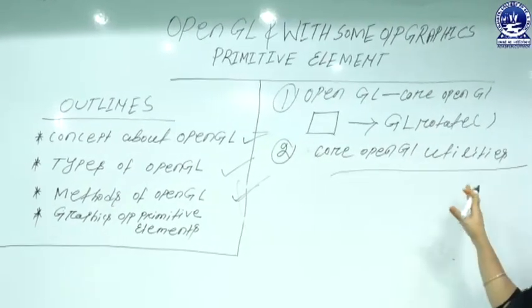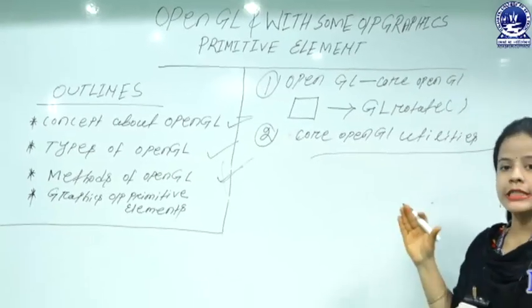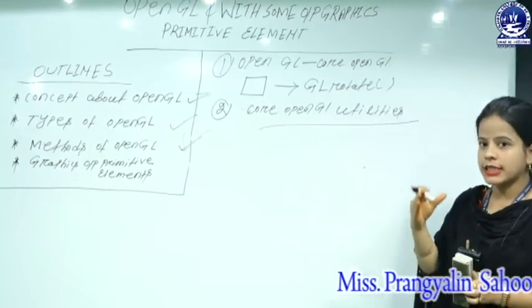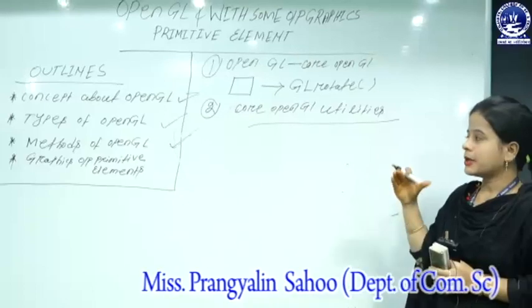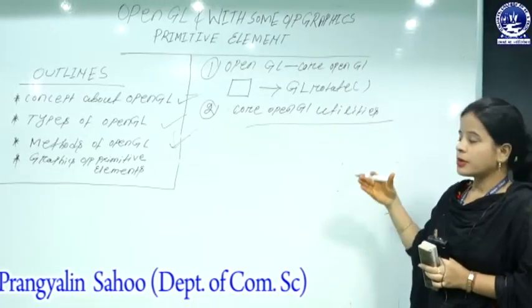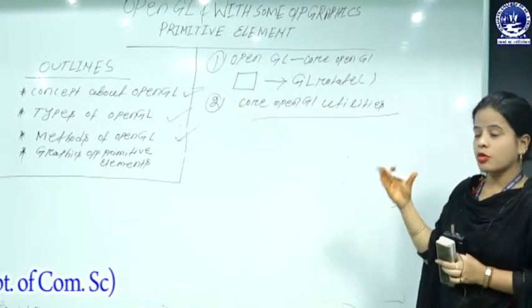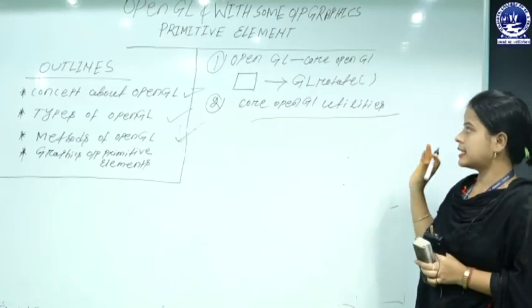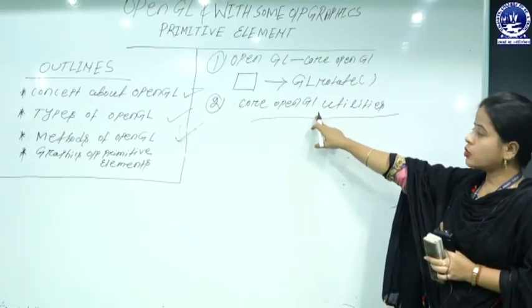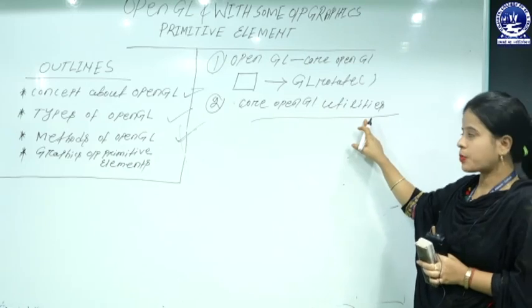Suppose a programmer needs to change the camera location from one direction to another. In this case the camera position is movable, and it uses some OpenGL utilities functions.